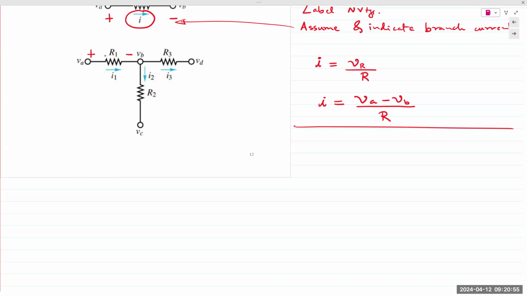Okay. All right, I2. I2 I have coming down from the top, so point of entry plus, point of exit minus. So in this case, node B is higher than node C for resistor R2. Again, think back to last week or the week before that.